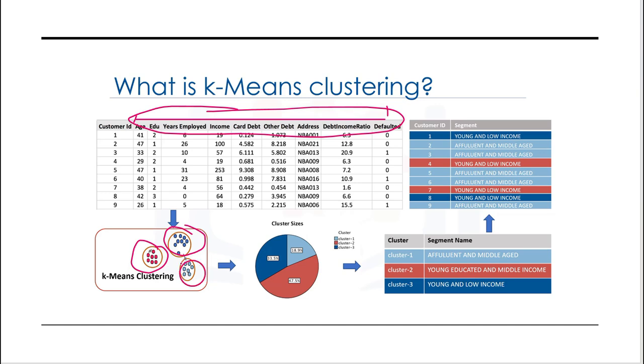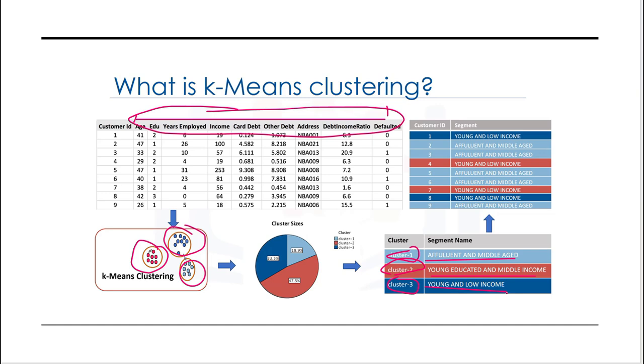For instance, in this specific case, it created three clusters. Cluster number one, cluster number two, cluster number three. The first cluster is made of affluent and middle age. The second cluster is made of young, educated, and middle income. And the third cluster is made of young and low income.